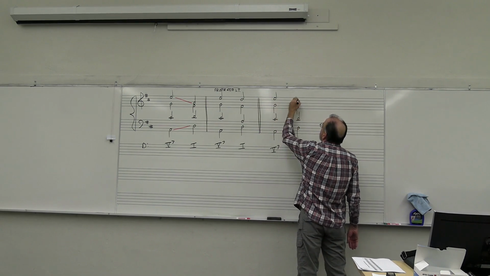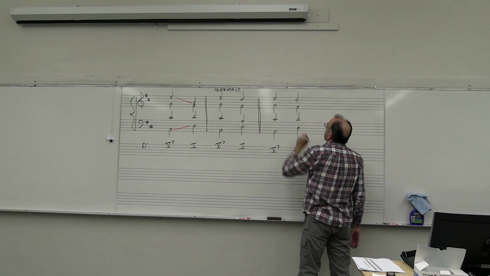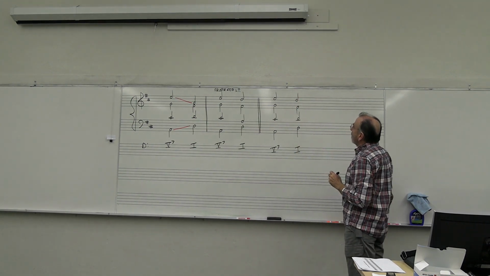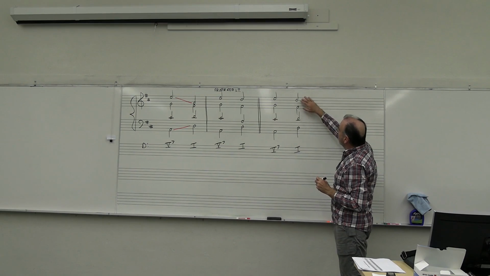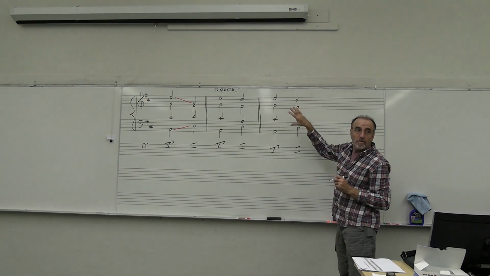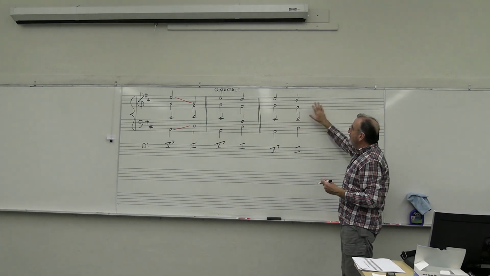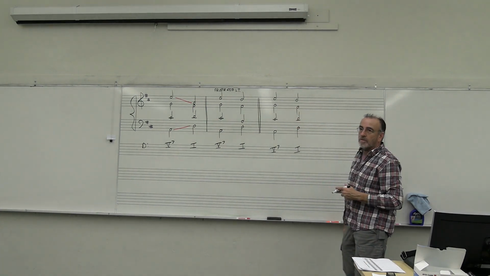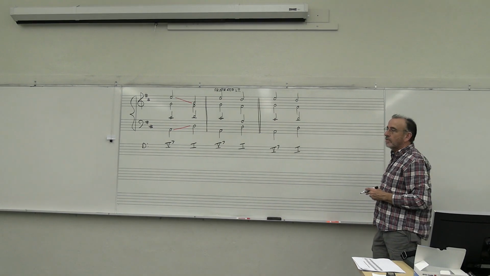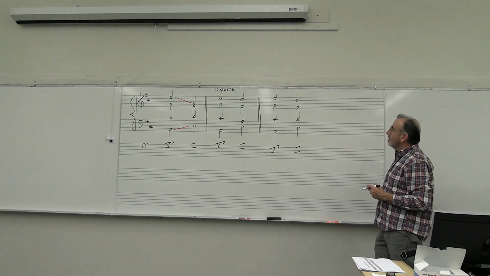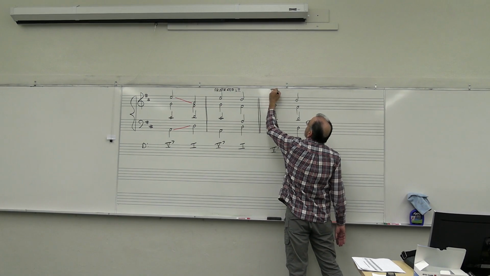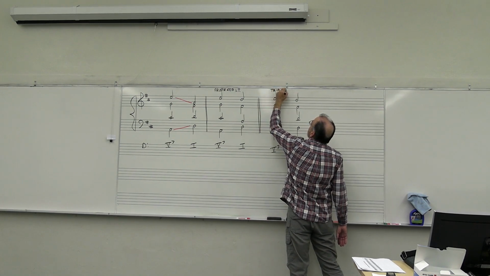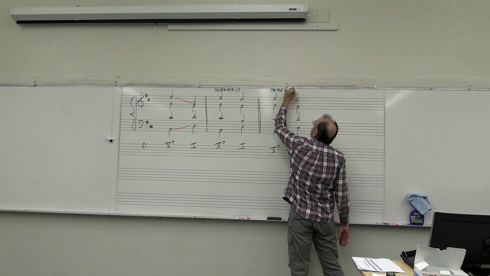I can resolve the seventh down by step. And it's just that in this one chord, I don't have a fifth. I have three roots, D, D, and D, but no A, no fifth of the chord. And because I get rid of the fifth, I get rid of the possibility of consecutive fifths. So that's another option. We triple the root of the 1.